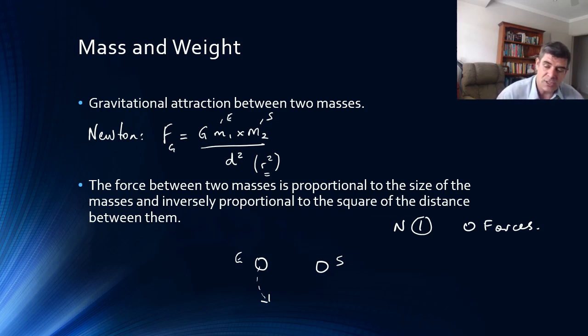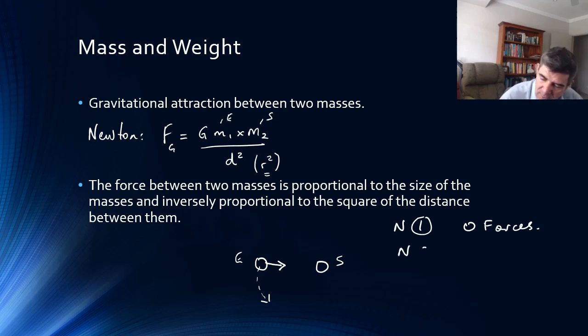But to look at it in simple terms, because the Earth is rotating around the Sun, there is a net force acting on it. That net force acts to accelerate the object towards the Sun.